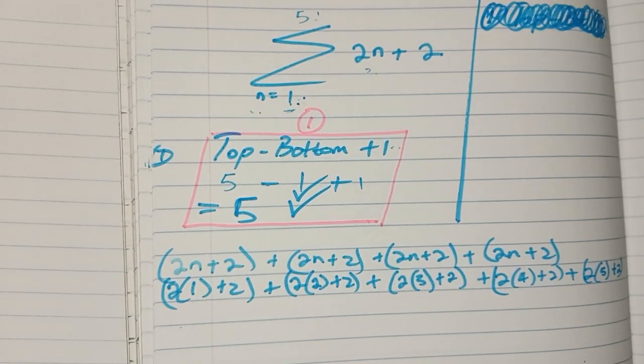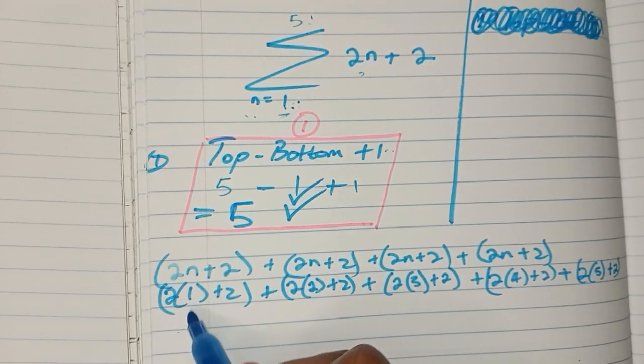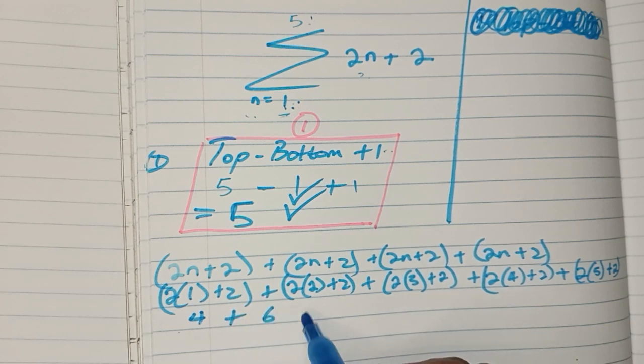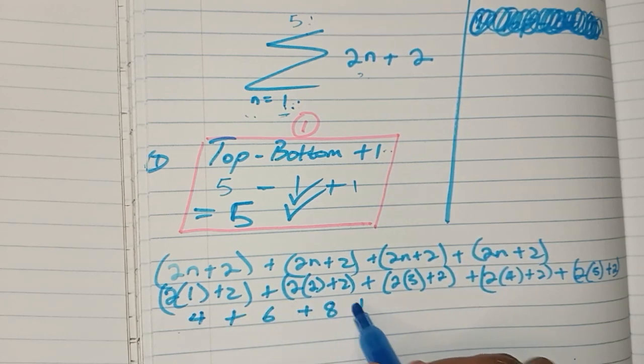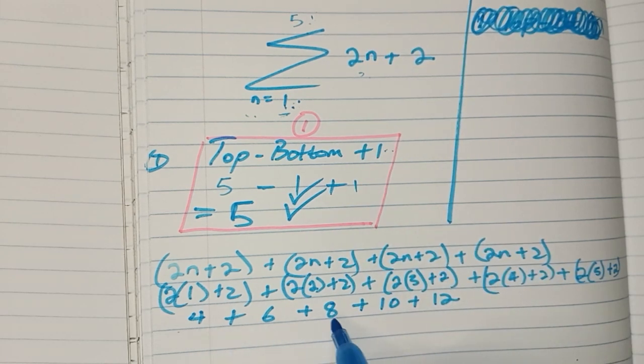Now you work this out quickly in your calculator, and this one is going to be 2 times 1, this one is going to be 4, 6, 8, 10 and 12. 1, 2, 3, 4, 5.